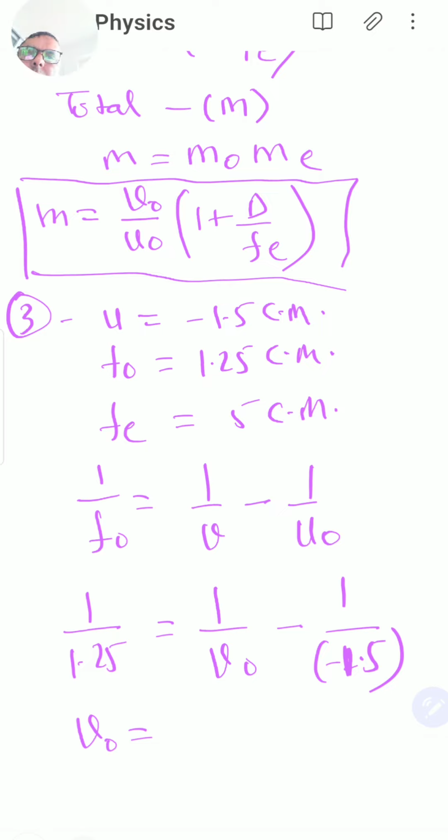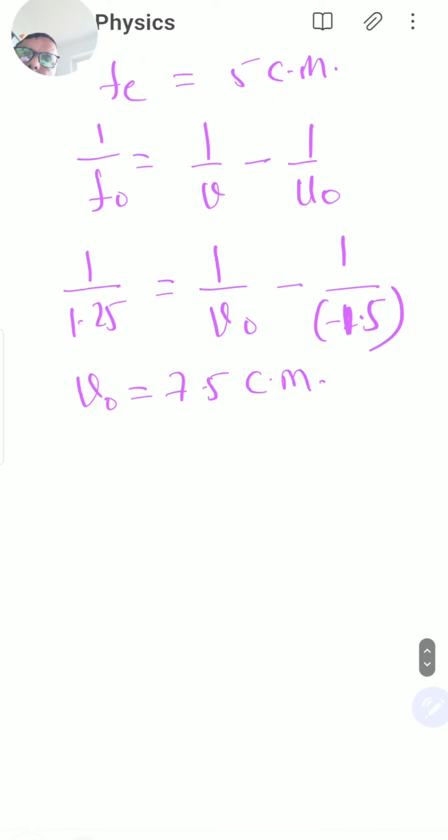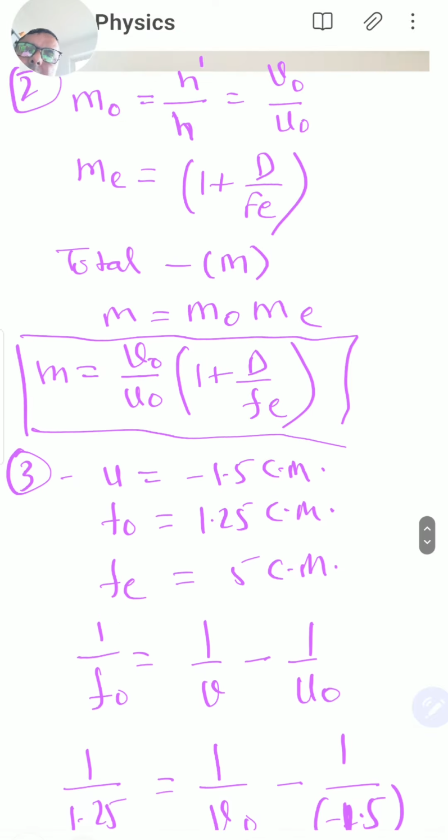After doing the separate calculation, I got the answer 7.5 centimeter. 7.5 centimeter is v naught. So we have done the formula here.